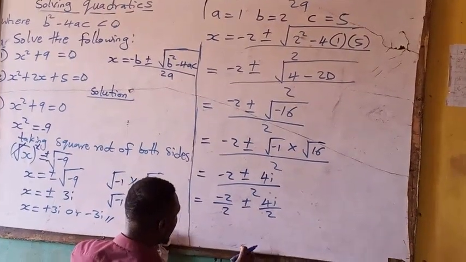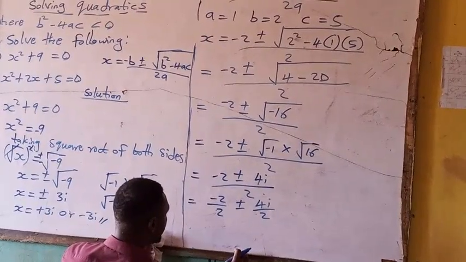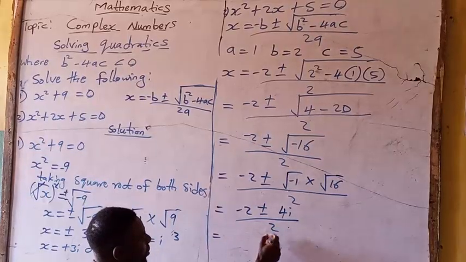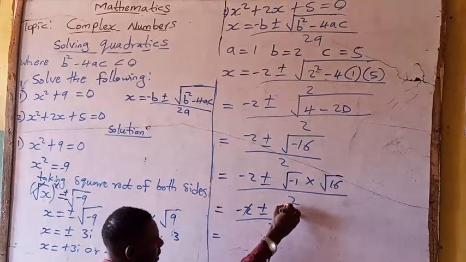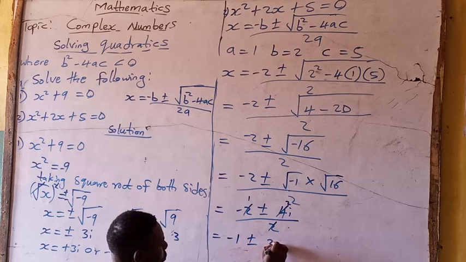Okay, so at this point, what you need to do, just this divided by this and this divided by this. This is 1, this is 2. So we have minus 1 plus or minus 2i.